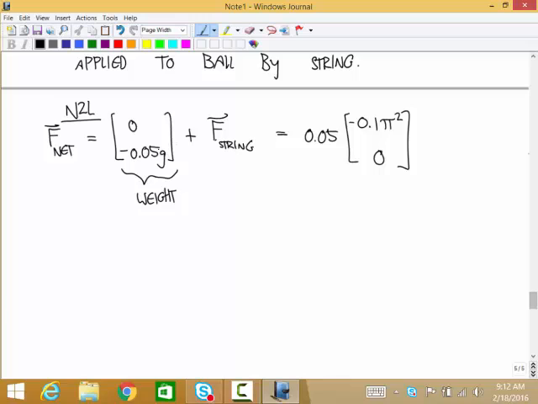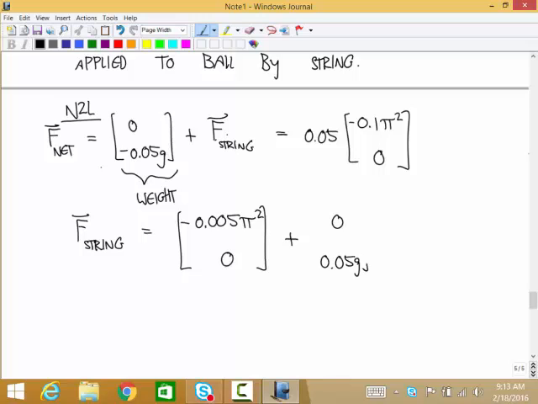And so we can subtract the weight force from both sides, and we get that the force vector applied by the string is equal to negative 0.005 pi squared plus 0, positive 0.05 g.